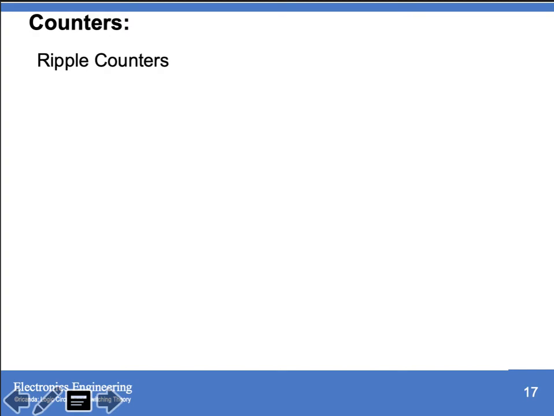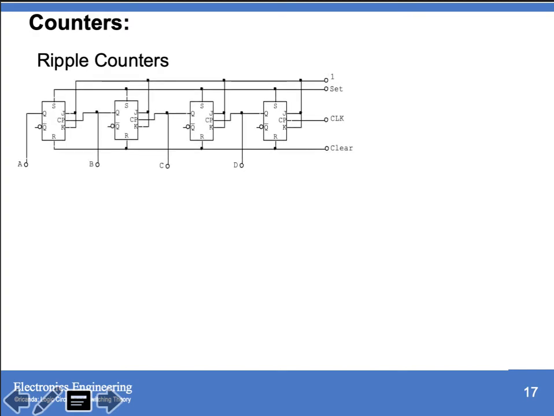So for ripple counters, we have this one. All of your JK inputs are connected to 1. It means that your output Q will toggle every time there is a positive clock pulse at your clock input, and that is only at your CP, where CP is connected to a clock, and your next JK, your CP is connected to the output Q, and so on.